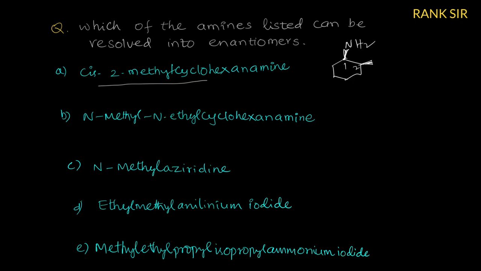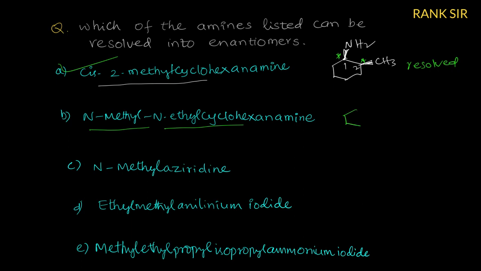Therefore, this is a cis form. Now 2-methyl. Then this is also a chiral carbon and this is also chiral. Two chiral carbons. So the first condition: asymmetric carbon amines are resolvable. Therefore, this can be resolved. It can be possible.